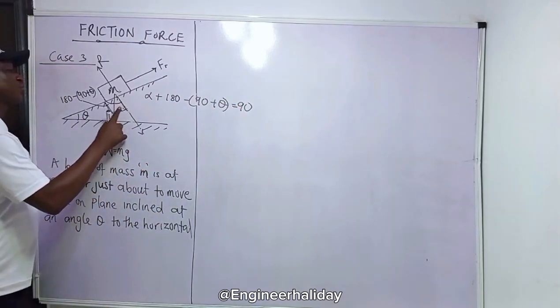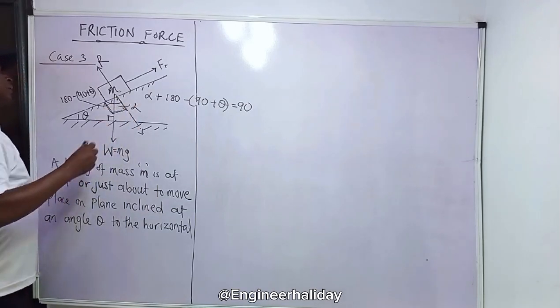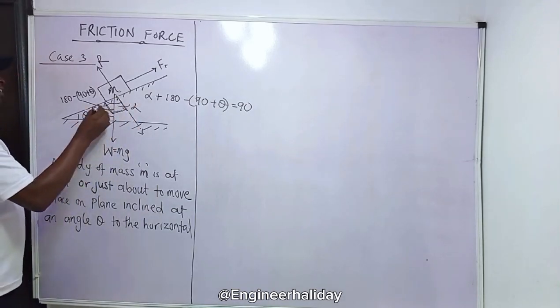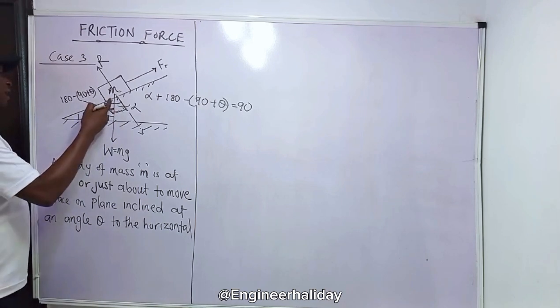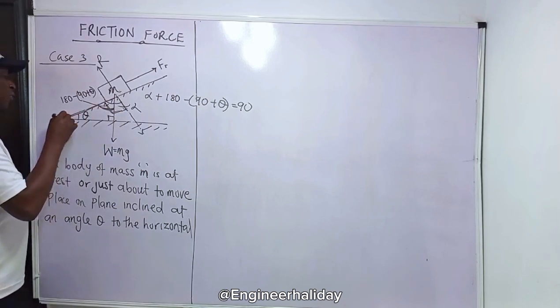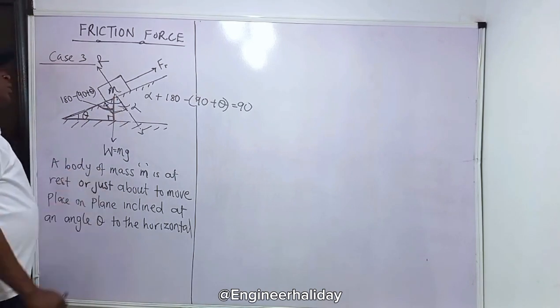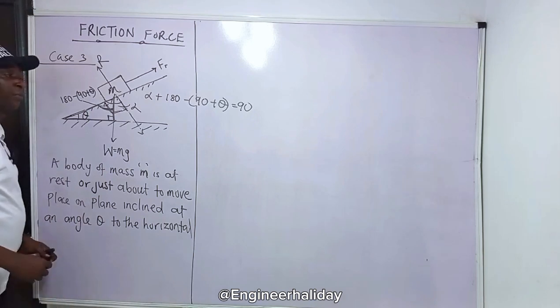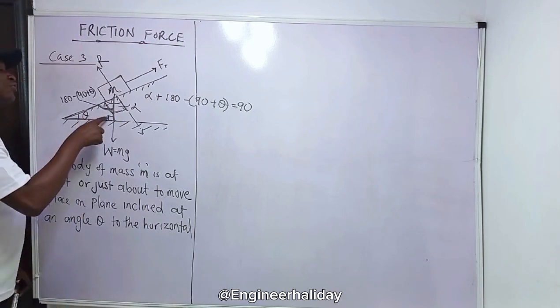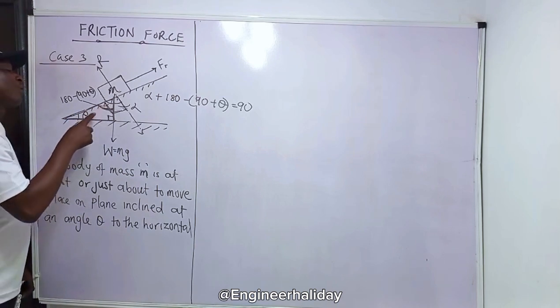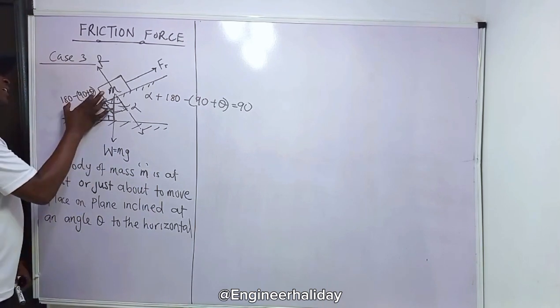The sum of angles in a triangle is 180, and this is a right angle triangle. So if you add these 2 together and remove from 180, you get this one. That's how we get this.